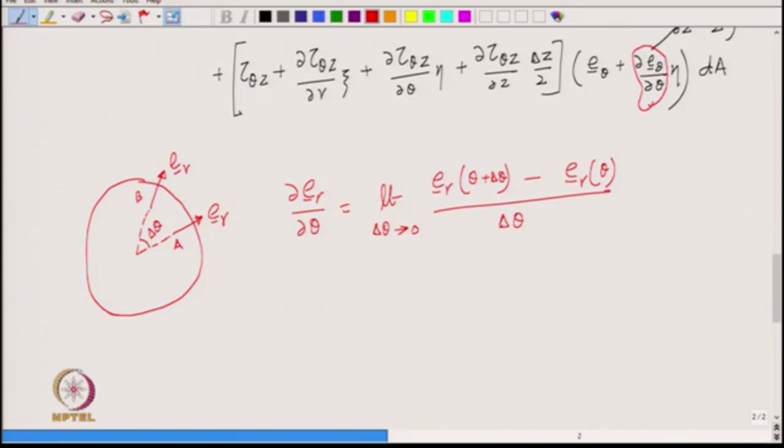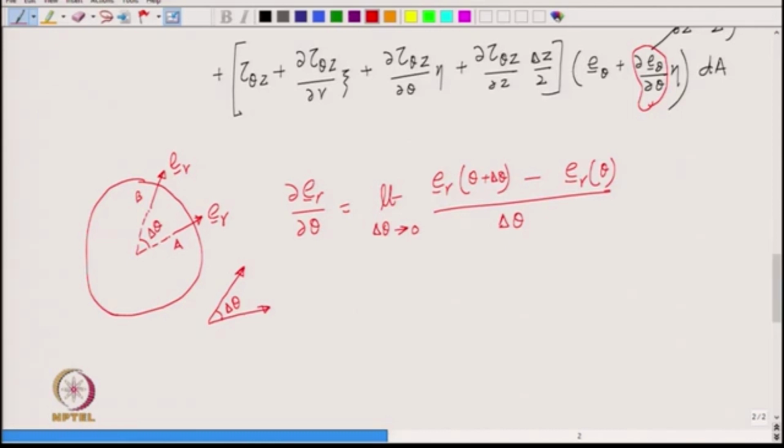All right, let us join the two vectors here. I mean, let us bring them together so that they pass through a common point. So, we will only parallelly transport them, so that we do not change the direction. So, here is your E r, and that is your old E r, and the angle between them is delta theta.